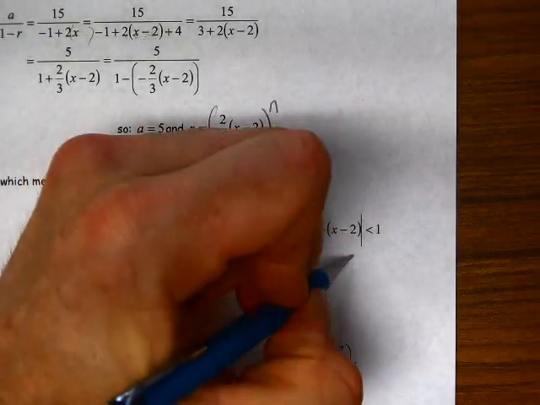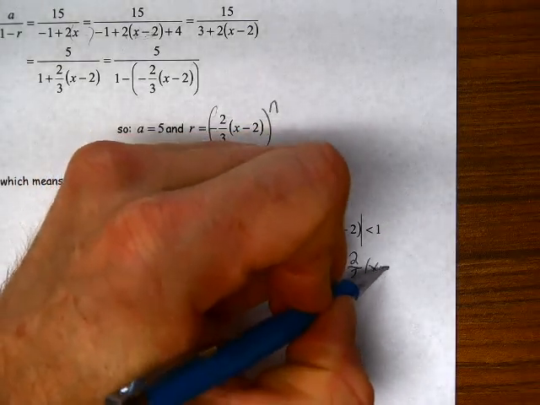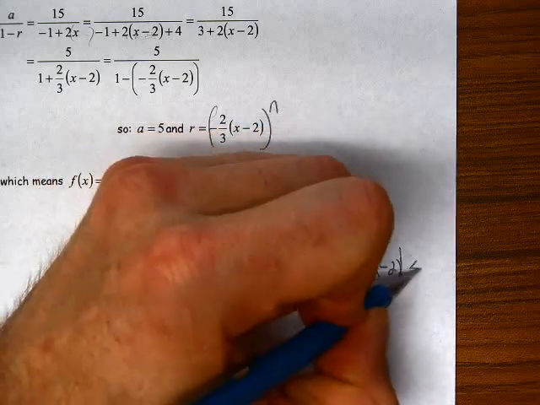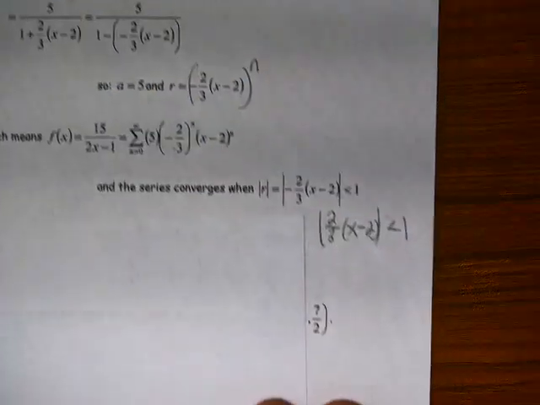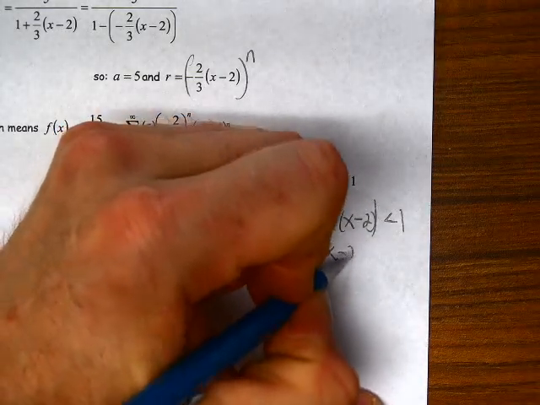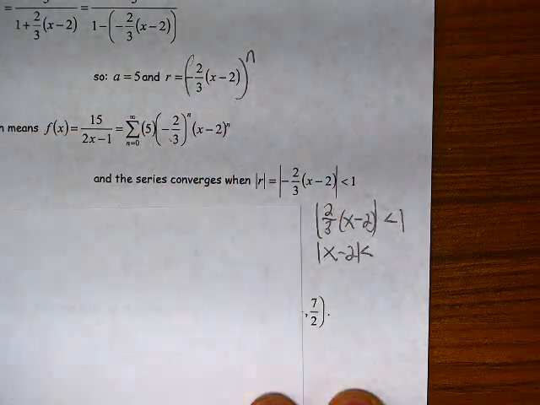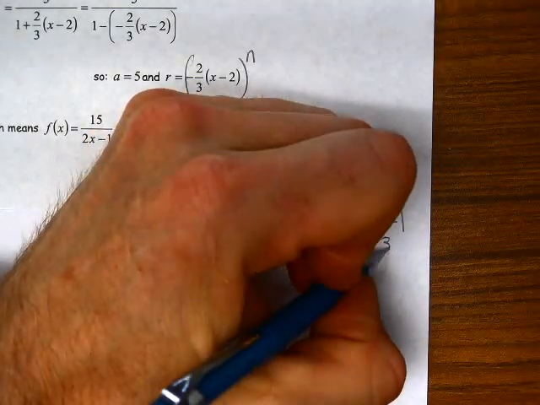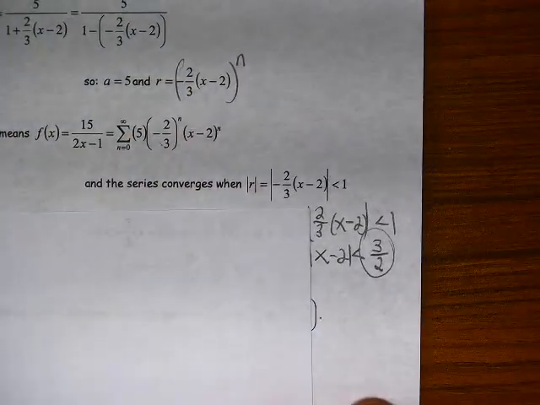All right, so that means 2/3 times the absolute value of x minus 2 is less than 1. Multiply the 3/2 over, so I get the absolute value of x minus 2 is less than 3/2. So this is my radius of convergence.